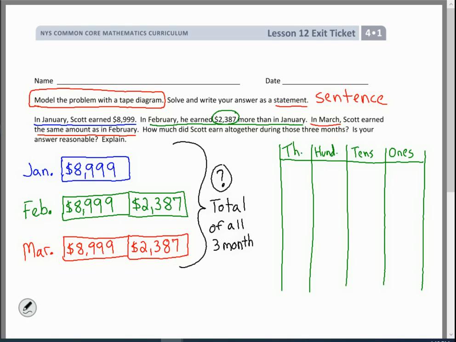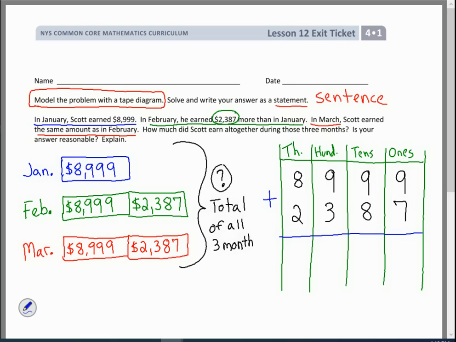Or I would get gridded paper, and then I put the numbers in here. Some students will use place value discs still, which is great. That's totally acceptable. And they know how to do that. So if they're adding place value discs or dots or circles, that's okay. Let them do it. It's helping them work on their addition skills.